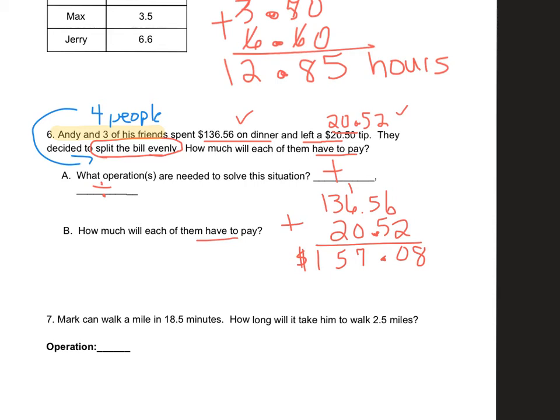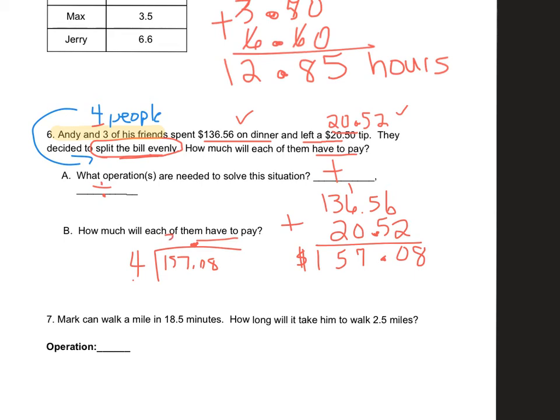So if I have to split the bill evenly between 4 people, that means I'm going to have to take that $157.08 and divide it by 4 people. Since this 4 is already a whole number, I'm just going to bring my decimal straight up.